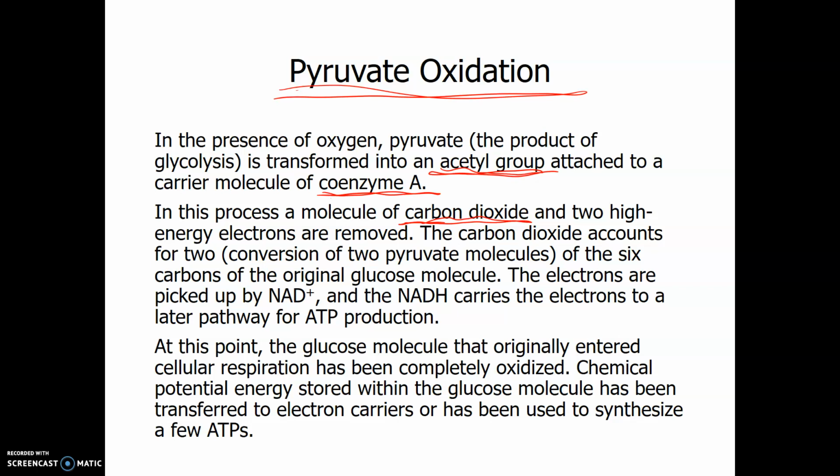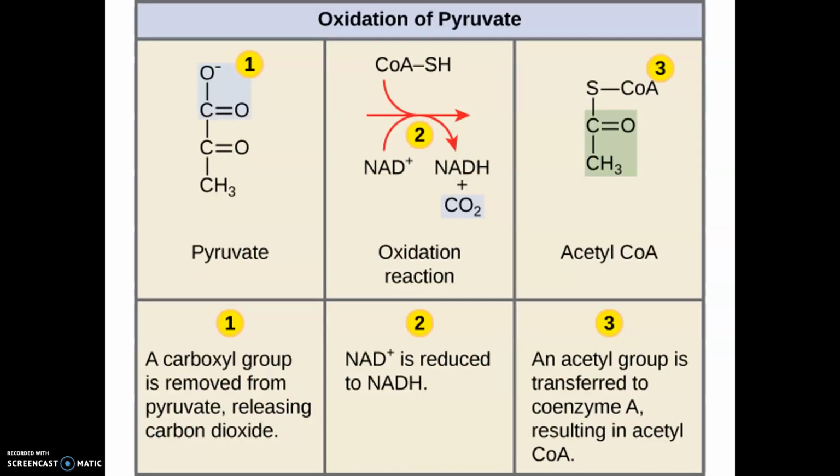And 2 more NADHs are produced, but no ATPs are produced. So we end up, after the pyruvate oxidation, which is shown right here, the pyruvate is converted into acetyl-CoA, which is a 2-carbon molecule.